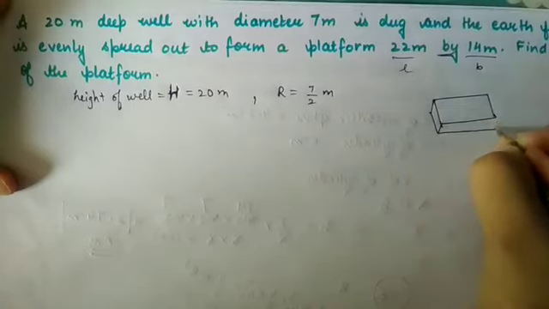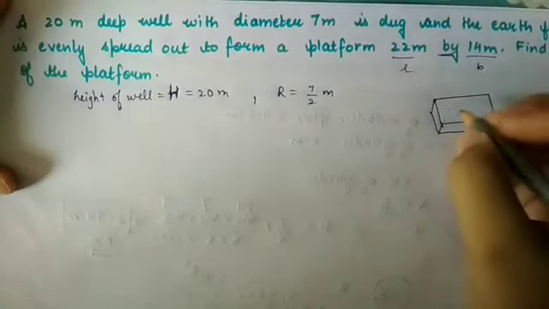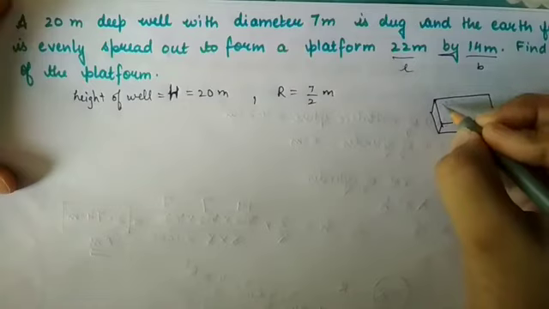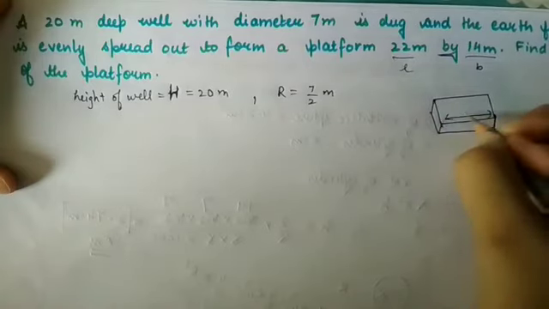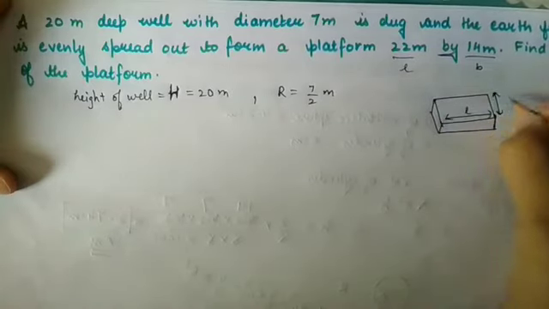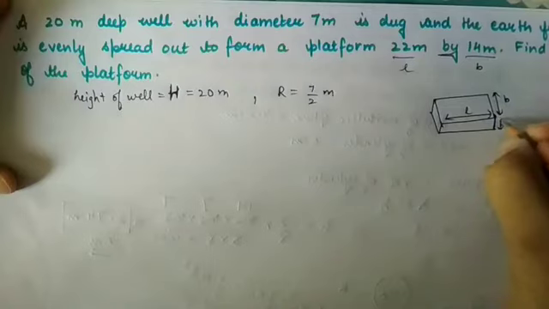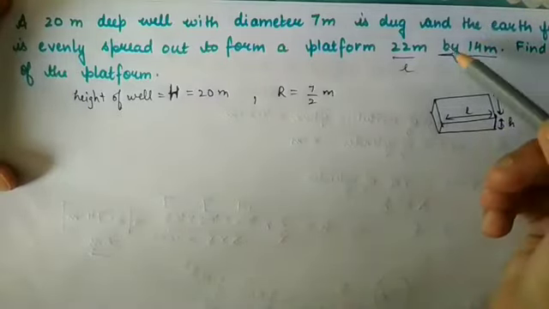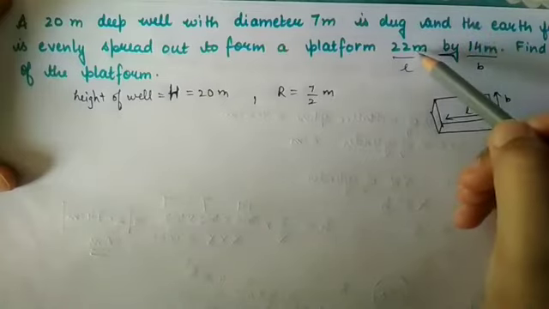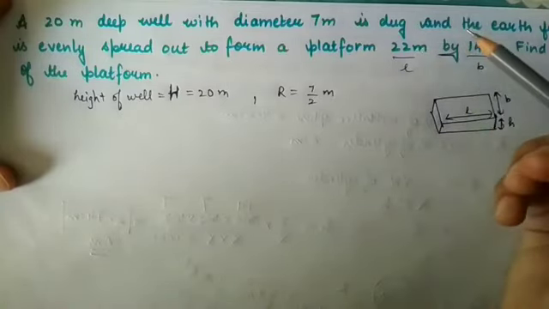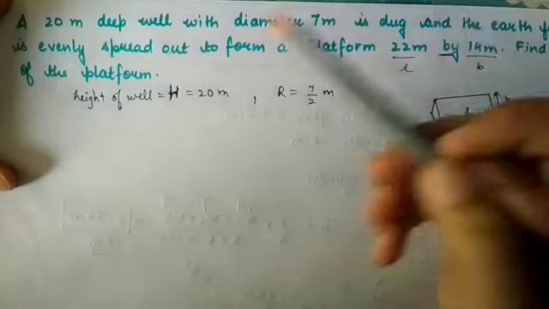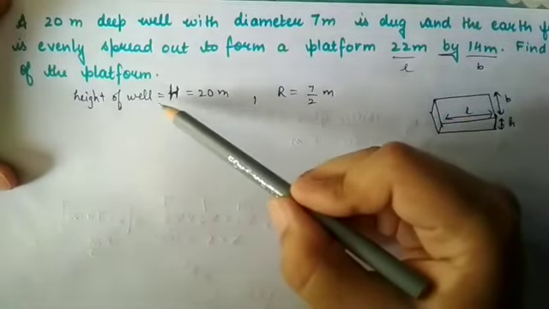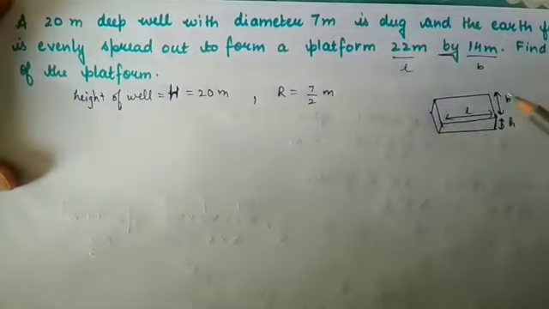So we have to find the height of the cuboid given its length and breadth. We have to find this height. The mud taken out is only transformed into the shape of the platform, therefore the volume will be the same. So we will equate the volume of the cylindrical well to the volume of the cuboid, or the platform.